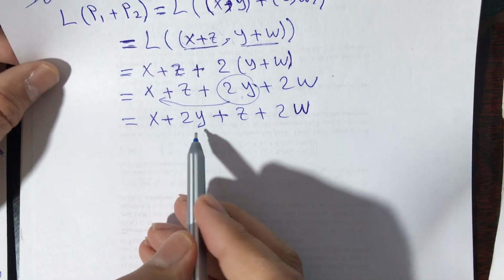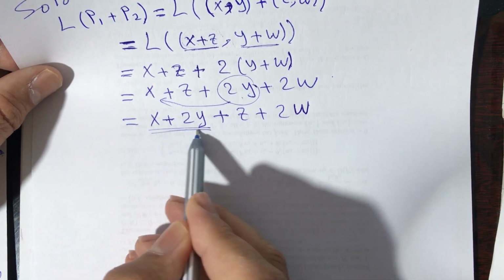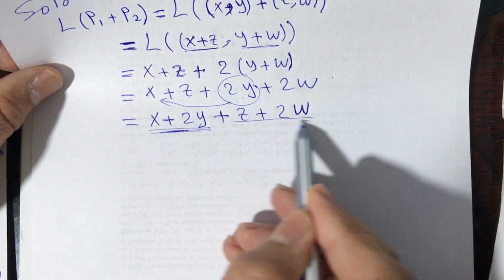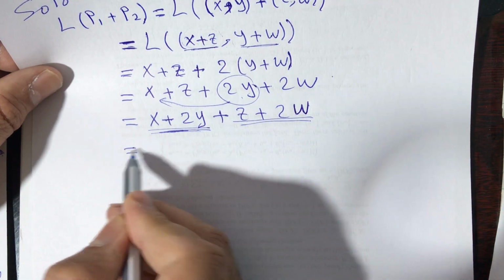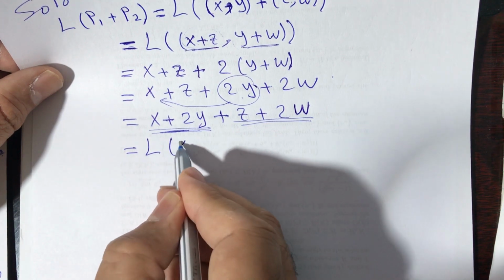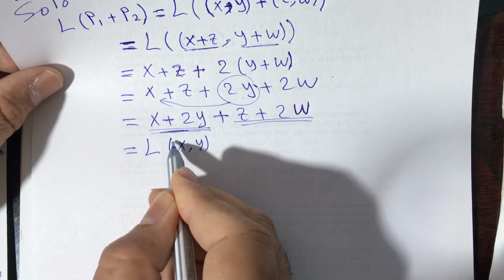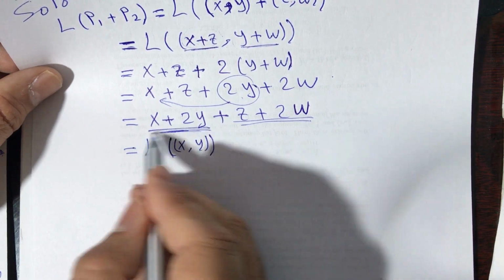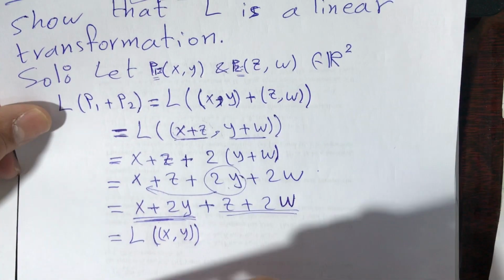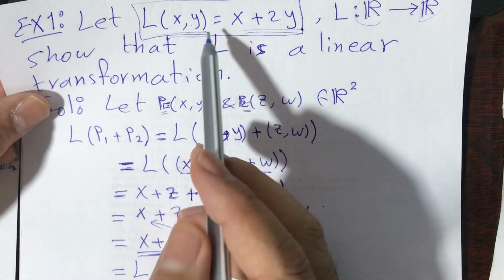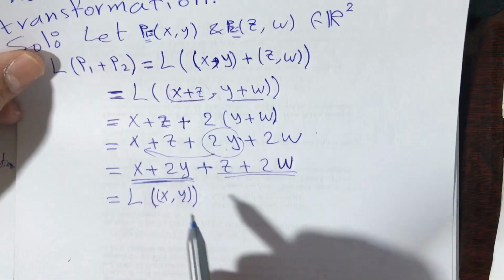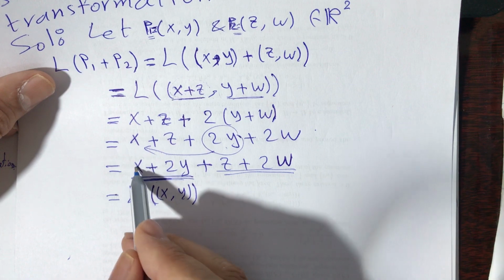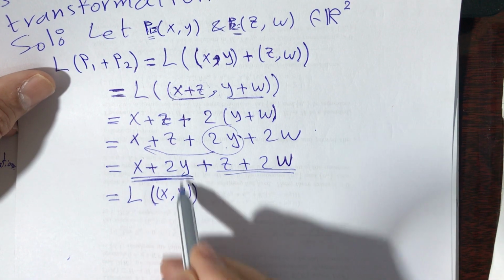And now this is equal to L of x, y, because in L of x, y the first argument is the same and the second is multiplied by 2. So this is the same x and this is multiplied by 2.